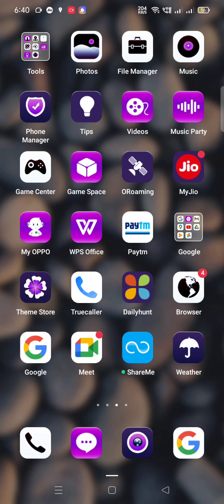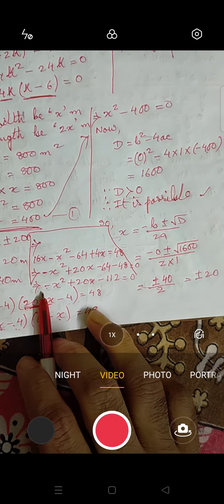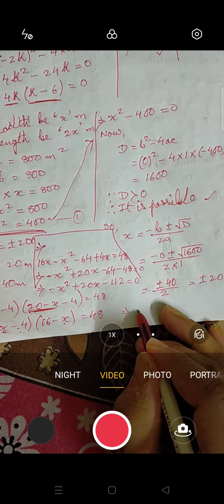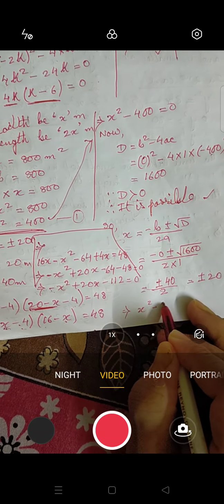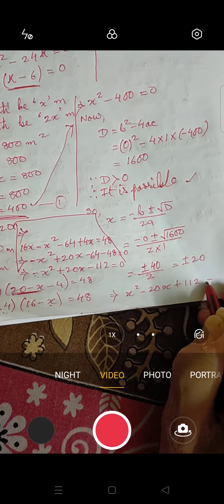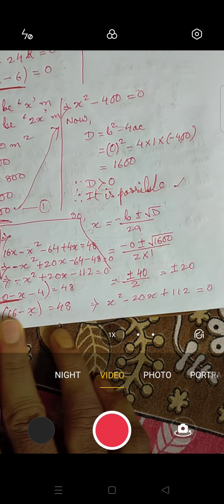Now we know that the first number we should always take positive, then our calculation becomes easy. So I will multiply each and every term by minus, and I will get x square minus 20x plus 112 equals 0. Any problem?